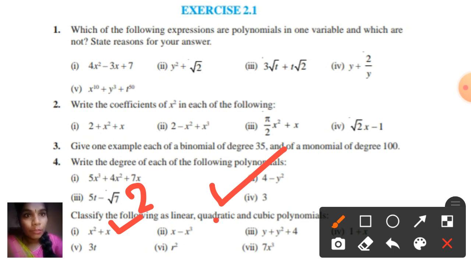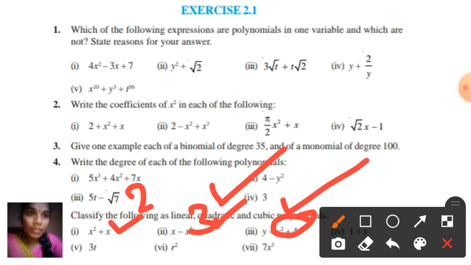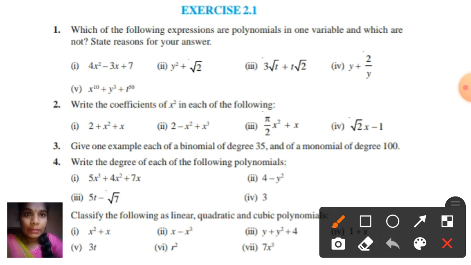If you see here, x minus x cube, the degree is 3, so it will be a cubic polynomial. The third one has degree 2, so it is also quadratic. And the fifth one is 3t, which is t power 1, so again it comes under linear polynomial because the power is 1.